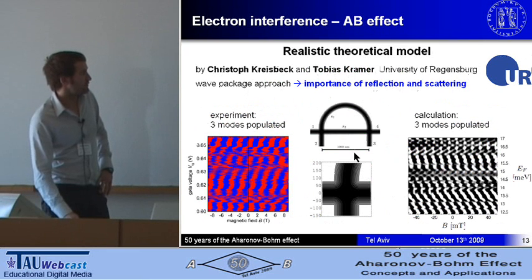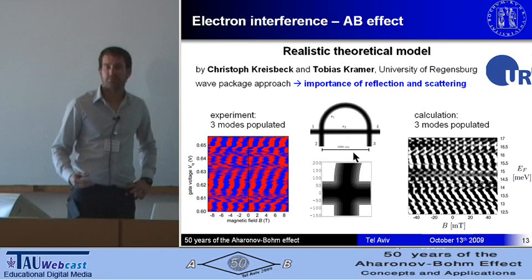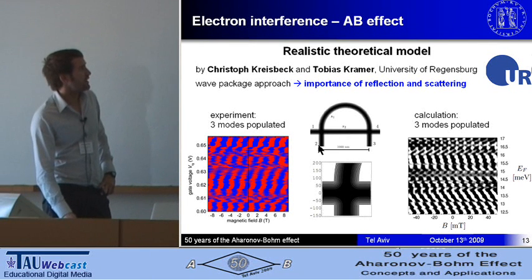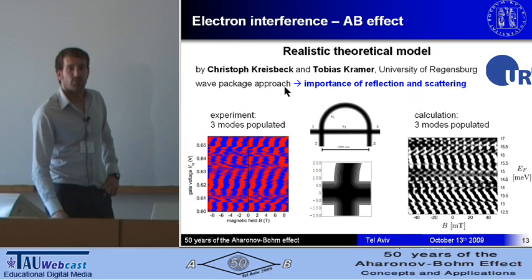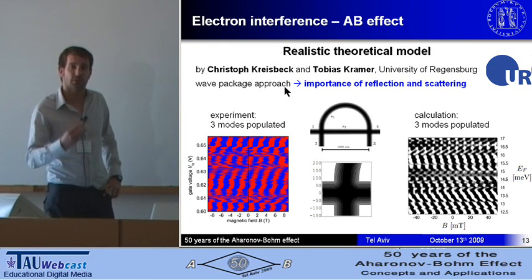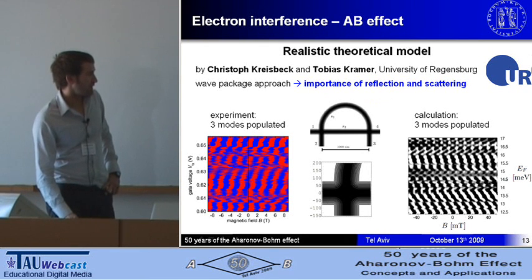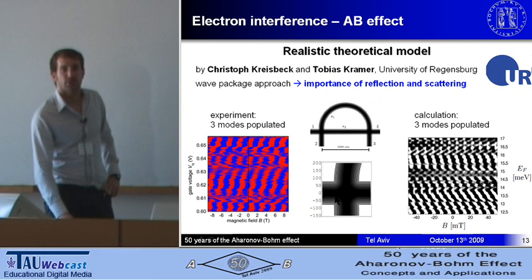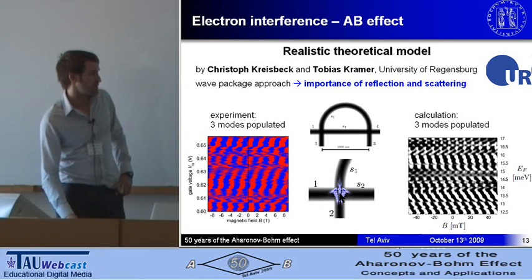Well, to focus on the scattering problem again, the group of Tobias Kramer did some rather realistic theoretical approaches to our problem. They used a time-dependent wave packet approach, where they focus on the transmission probabilities in the structure and work with the Landauer-Büttiker framework. They use a very realistic confining potential and focus on what happens with the wave packets that scatter in these situations.